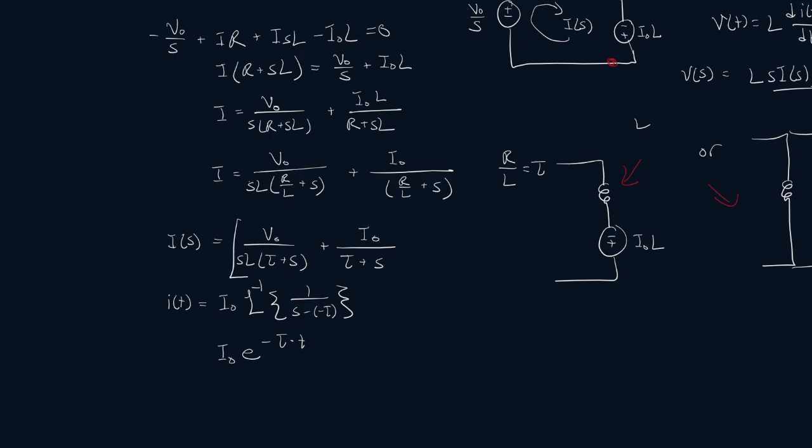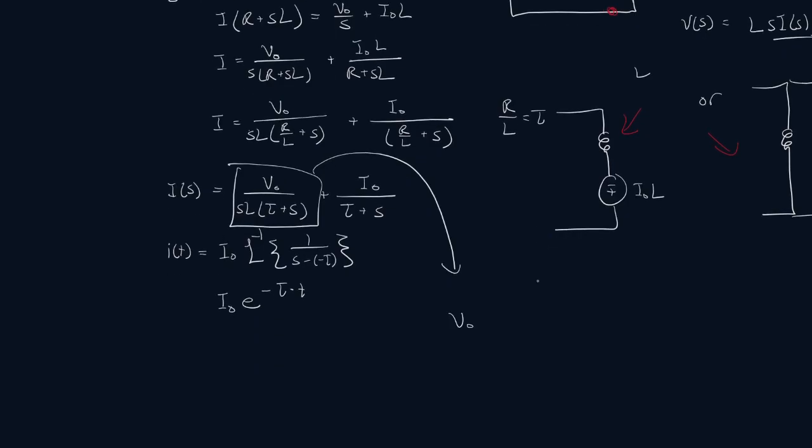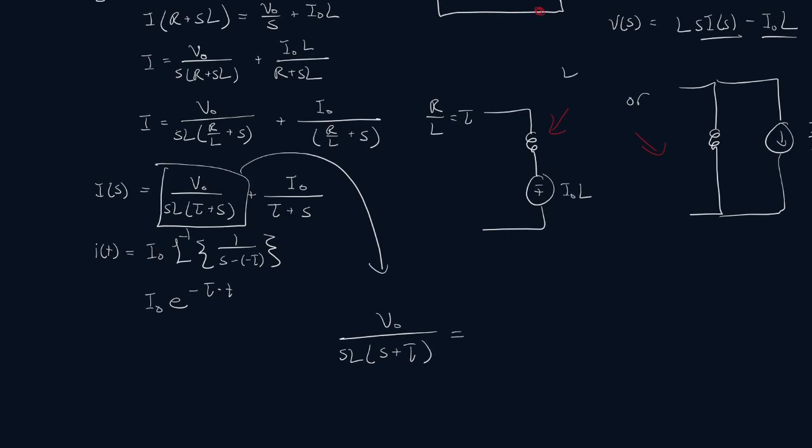And now for this one, to get the inverse Laplace, we will first have to do partial fractions, because it's SL times tau plus S. So SL, I'll do S plus tau instead. And this will be equal to, I'm going to bring this L up here, I'm going to do VO over L instead.